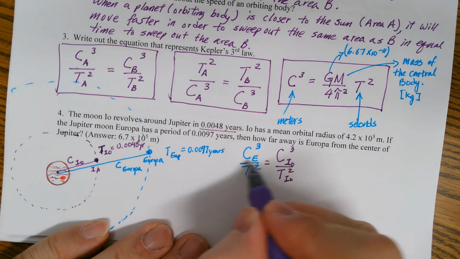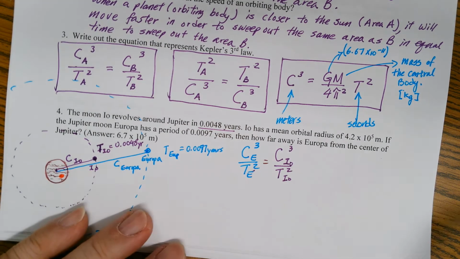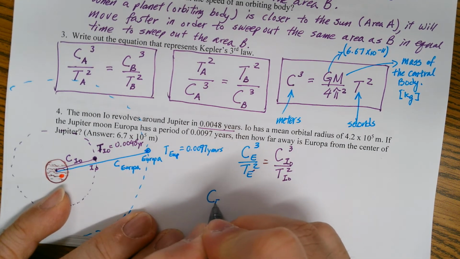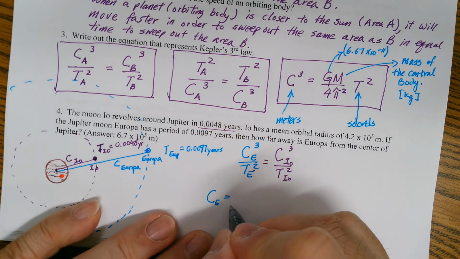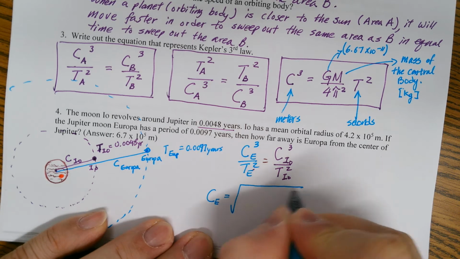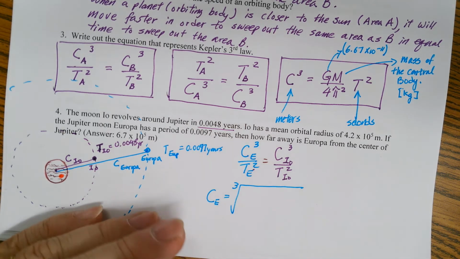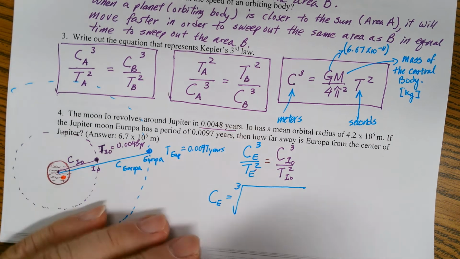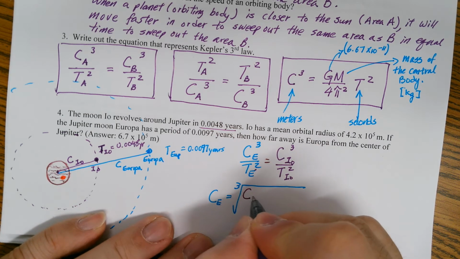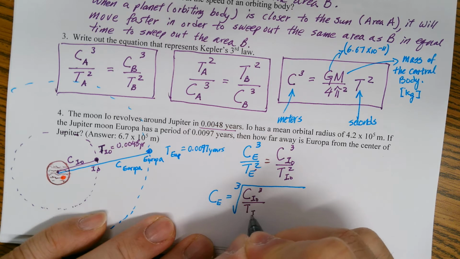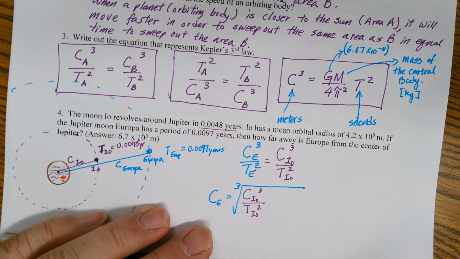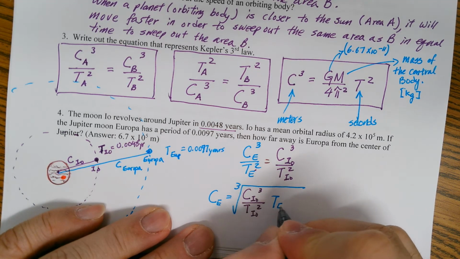So if we solve for C Europa, that is equal to the cube root of C Io cubed over the period of Io squared times the period of Europa squared.